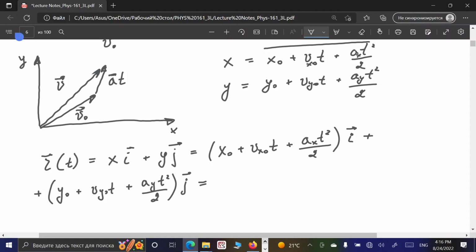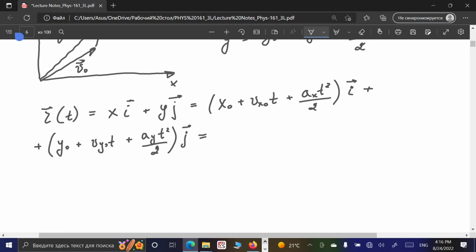Now again, we open parentheses and group initial position, initial velocity, and acceleration vector. So we have x naught times i unit vector plus y naught times j unit vector, plus now component from initial velocity.